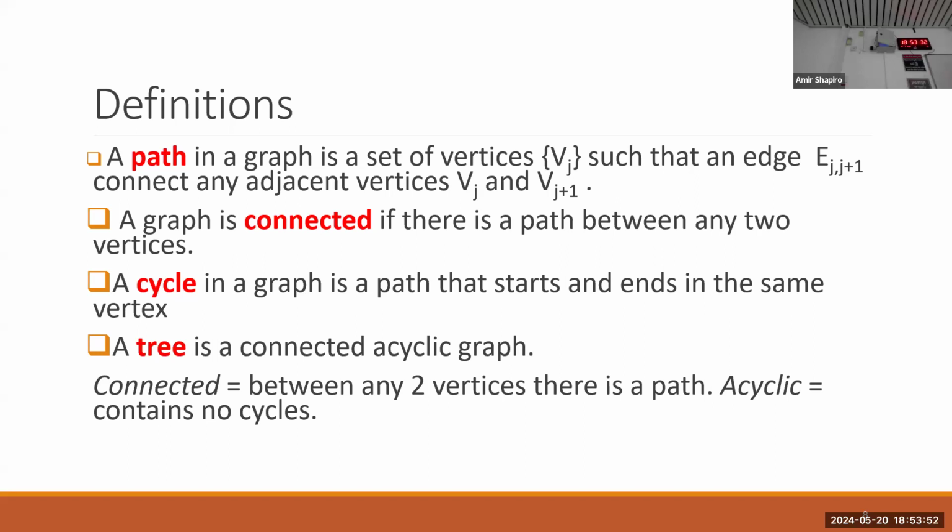So it's a graph which is connected with no cycles. So it has a root and then it just goes all the way, and it does not contain any cycles.